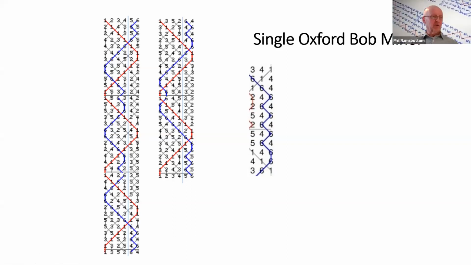Well, I should have said, you will come across quite a few plain minor methods where at the back like this, and sometimes at the front as well, we'll come to one a bit later on, all you're doing is a triple dodge. And that's worth clocking, because if you see that, it tells you straight away there's only 2 bells in those places. It's another general rule to input into the brain.